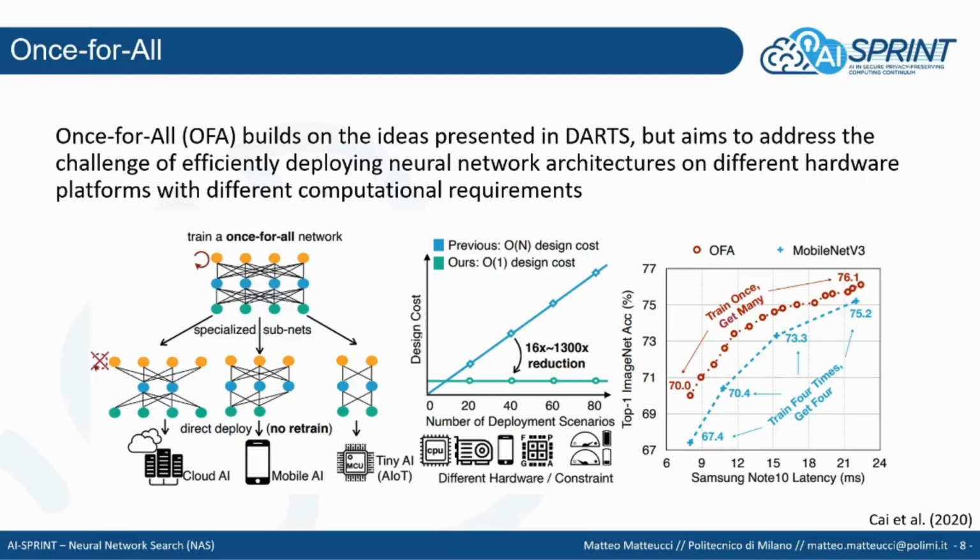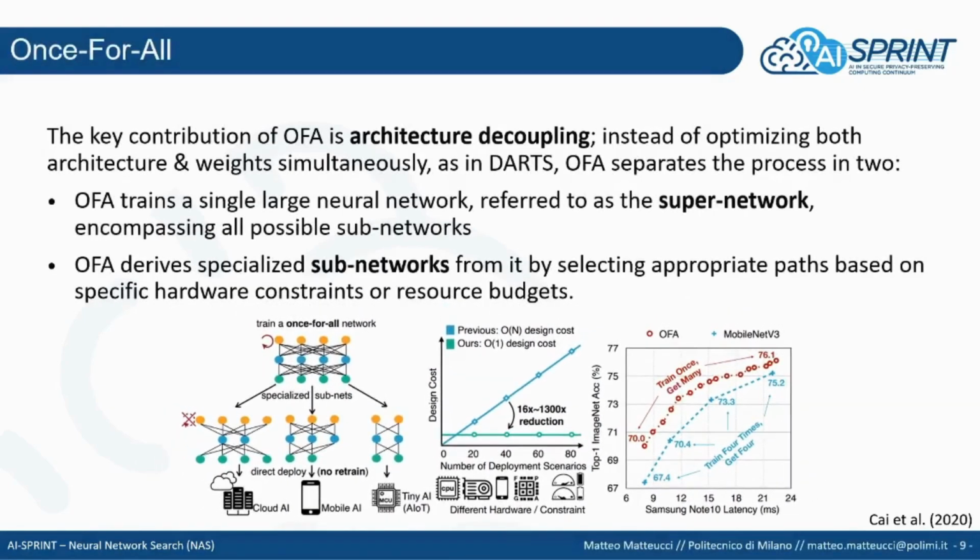The idea is obtained by architecture decoupling. Instead of optimizing both the architecture and the weights, as for DARTS, Once for All separates the process in two. It first trains a large neural network, which we call supernetwork, which includes all possible subnetworks. This was done in an implicit way by DARTS, but it was at the same time also selecting the subnetworks during training.